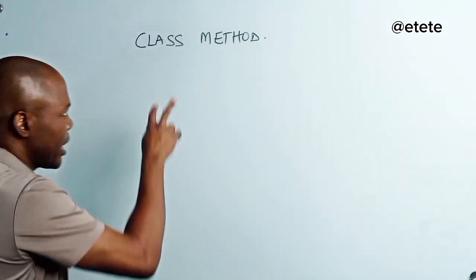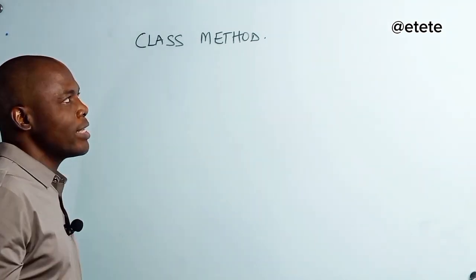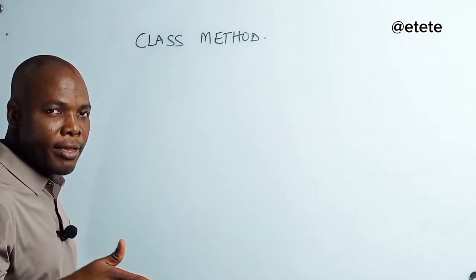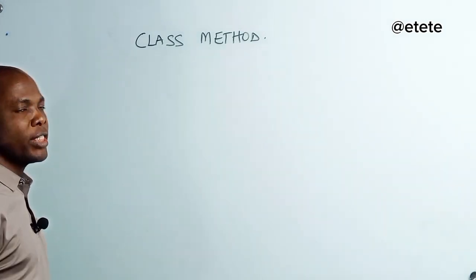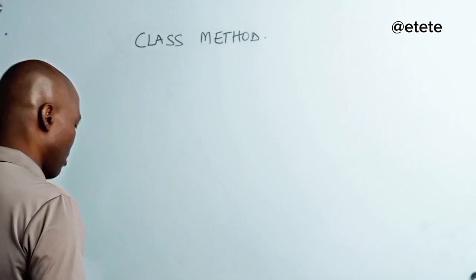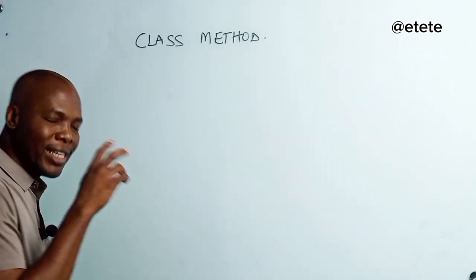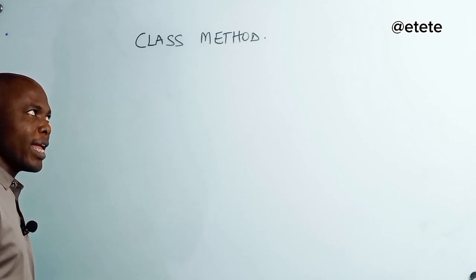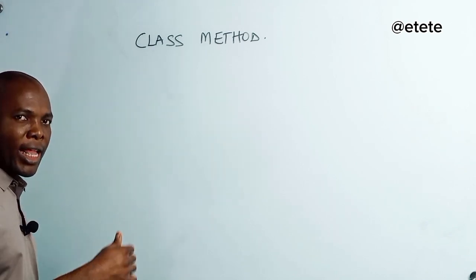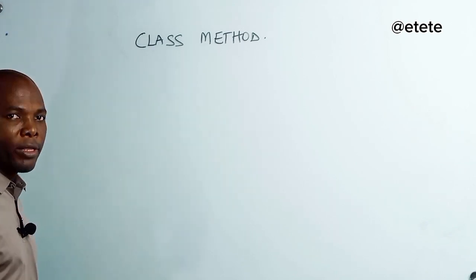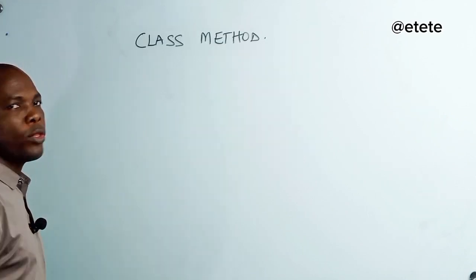But with the class method, you can access the class variable without instantiating that. So that is the purpose of this class method. The first thing we are going to do is create a class and then instantiate the class, create an instance method, and then elevate the instance method to a class method.